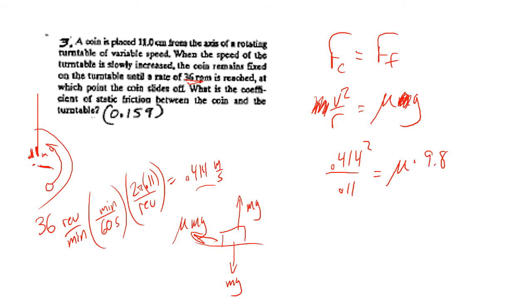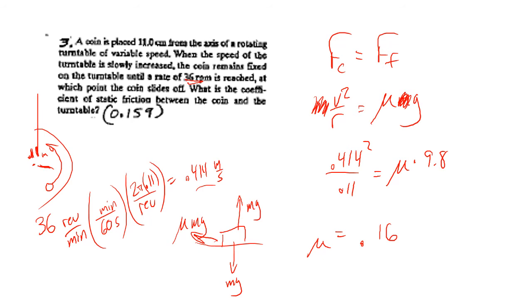Typing this in, this number squared divided by 0.11 divided by 9.8, we're going to get 0.16 for mu. Ta-da! No units because it's a coefficient of friction. Hey, that's the same thing that I got.